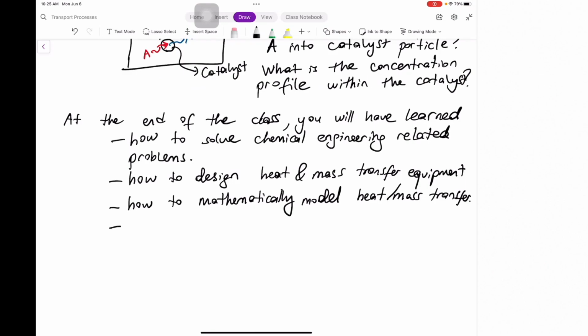And very importantly, you will learn how to do a shell balance. Have you learned this in your fluid mechanics course, how to do a shell balance to solve chemical engineering problems?